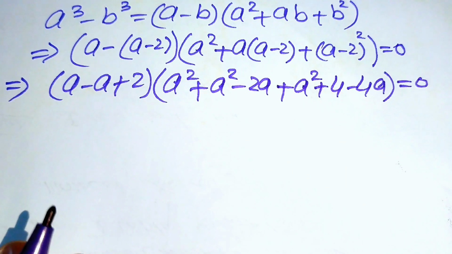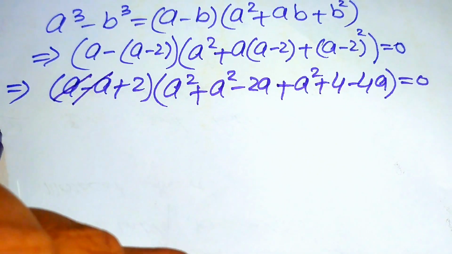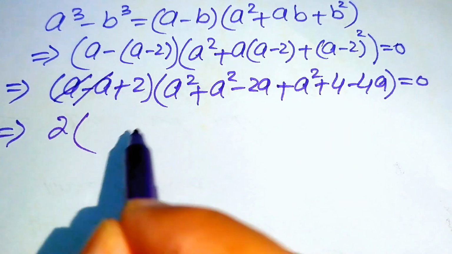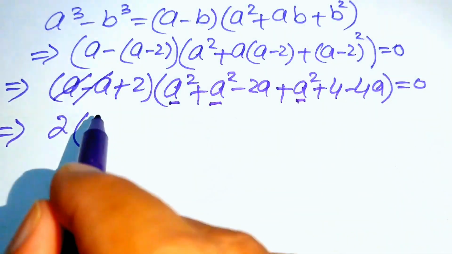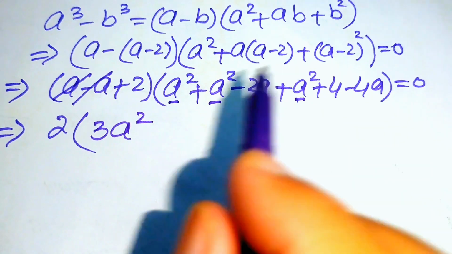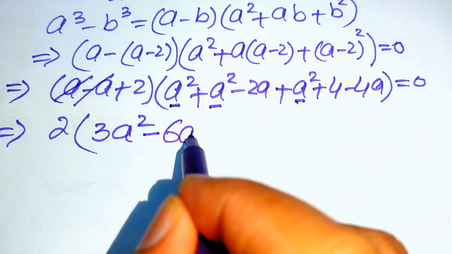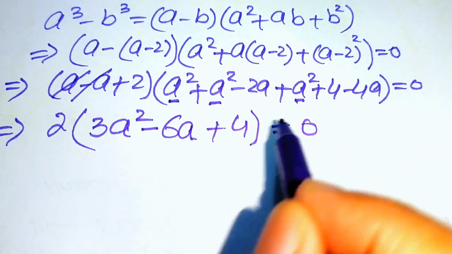So here we need more simplification. The negative and positive cancel, and we obtain 2 times (a squared plus a squared plus a squared equals 3a squared, and minus 2a minus 4a equals minus 6a, and plus 4) equals 0.